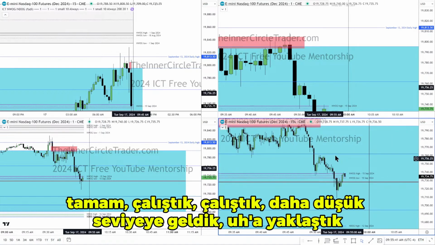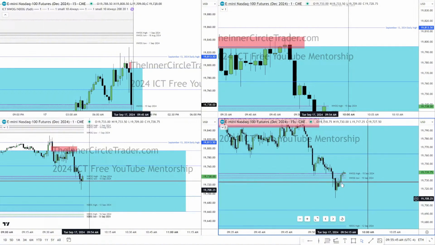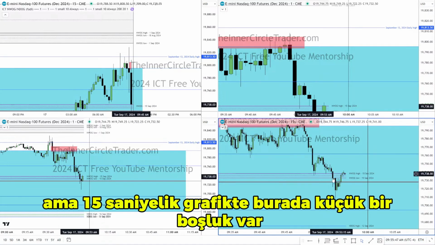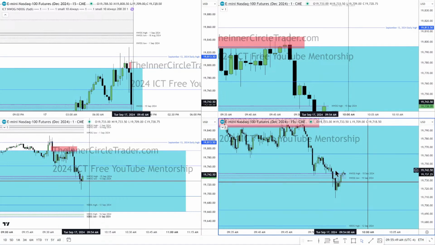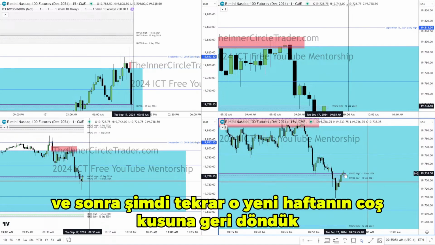Okay, so we worked lower, got close to lower quadrant, left a small little gap here on the 15-second chart, and then now we're back in the high of that new week opening gap.